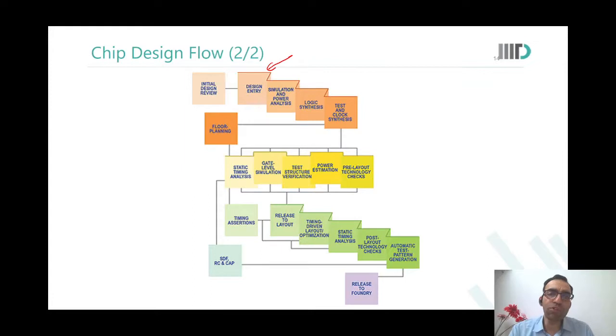So RTL is almost like English language. But finally, silicon cannot understand English. Silicon would understand only some transistor language. Actually, we don't even go to transistor language when we do logic synthesis. We go to gate language. So we arrive at a gate level netlist. We say that, okay, after this NAND gate, we will put an OR gate.